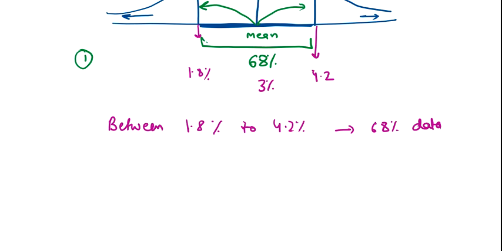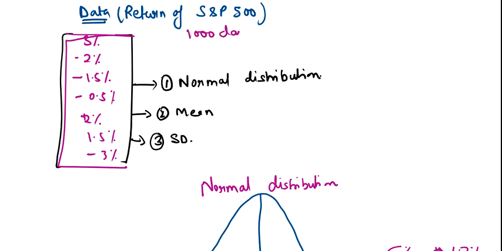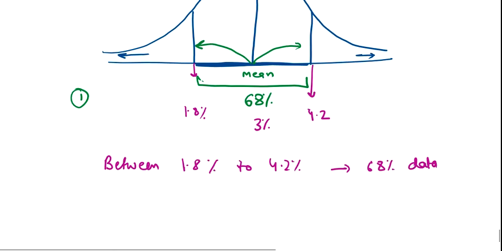Okay, 68% of this data. This data can be of say 1000 days, so out of 1000 days, 680 data points will be part of 1.8 to 4.2%. Clear?